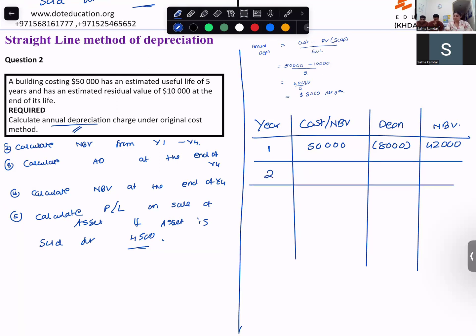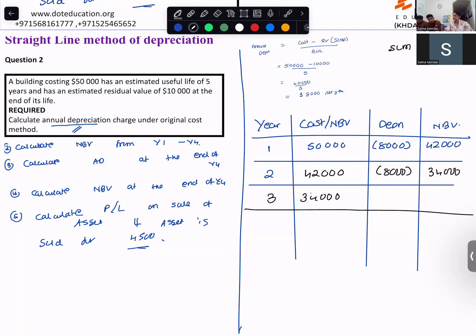Year 2. Net book value is 42,000. Depreciation for year 2 is 8,000, because it is straight line method, fixed installment method. Net book value at the end of year 2 is 34,000. I will go to year 3. Depreciation for year 3 is 8,000. Net book value at the end of year 3 is 26,000. I'll go to year 4.